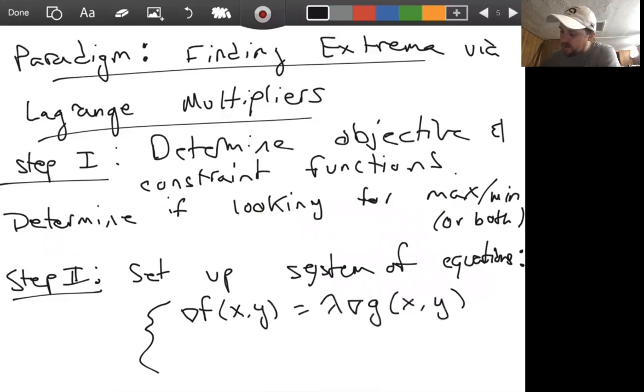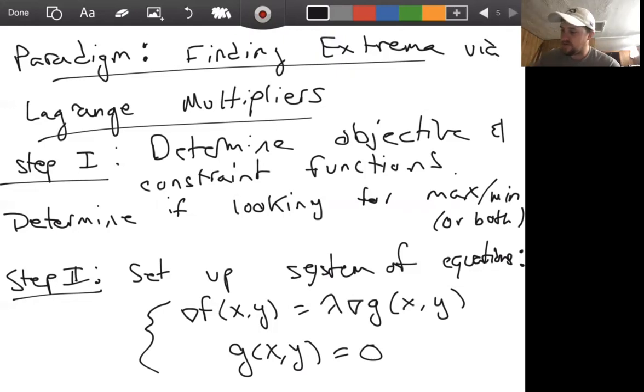We also have the constraint function, which says that g of (x, y) equals 0. So these together give a family of equations that we can then use linear algebra or just algebra in general to solve for x and y values that satisfy this system of equations.